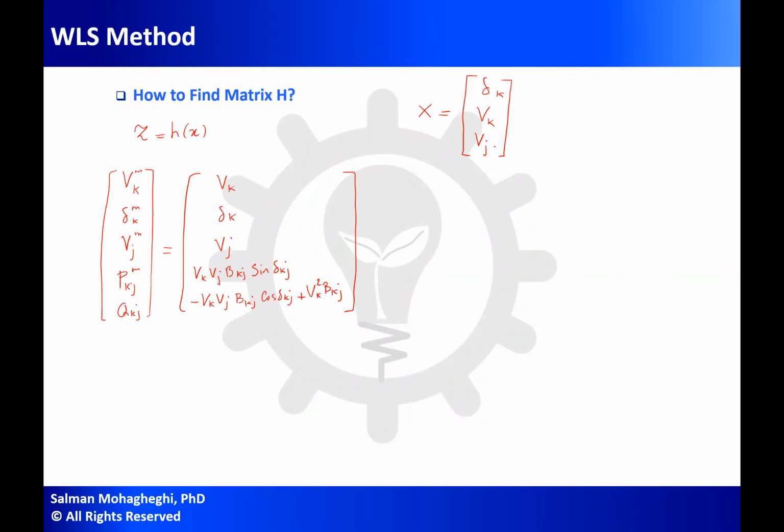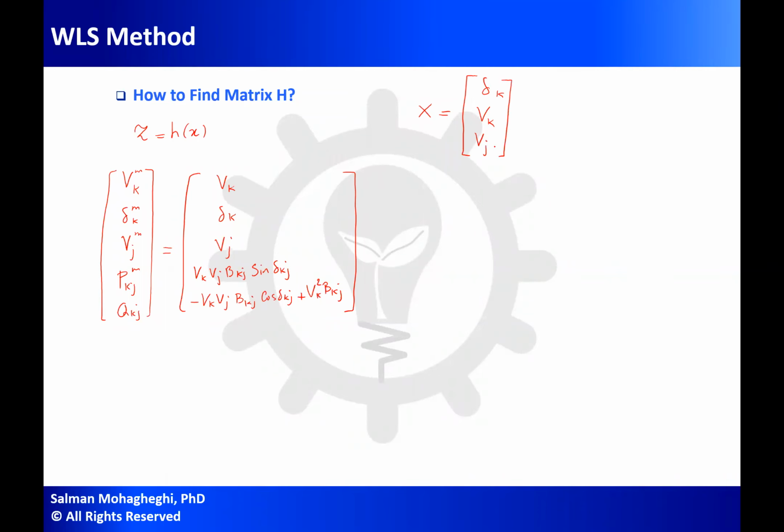Okay. Now, if I want to find matrix H, remember that H is the derivative of all the h equations. So think of this as H1 of X, this one as H2 of X, this one H3 of X, H4 of X, H5 of X. And obviously you can imagine this is Z1, this is Z2, all the way to Z5.